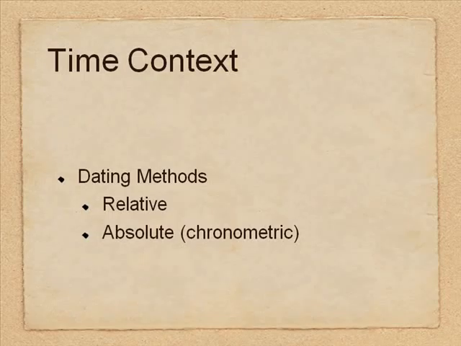We can use seriation, which is an ordering technique. This is where you take an assemblage, which is all of the artifacts that you collect from a site. We can then classify it and plot out the frequency of what is occurring when, and then we can take those seriations and plot frequencies across the region to track the popularity of particular styles of artifacts. So it's pretty exciting.